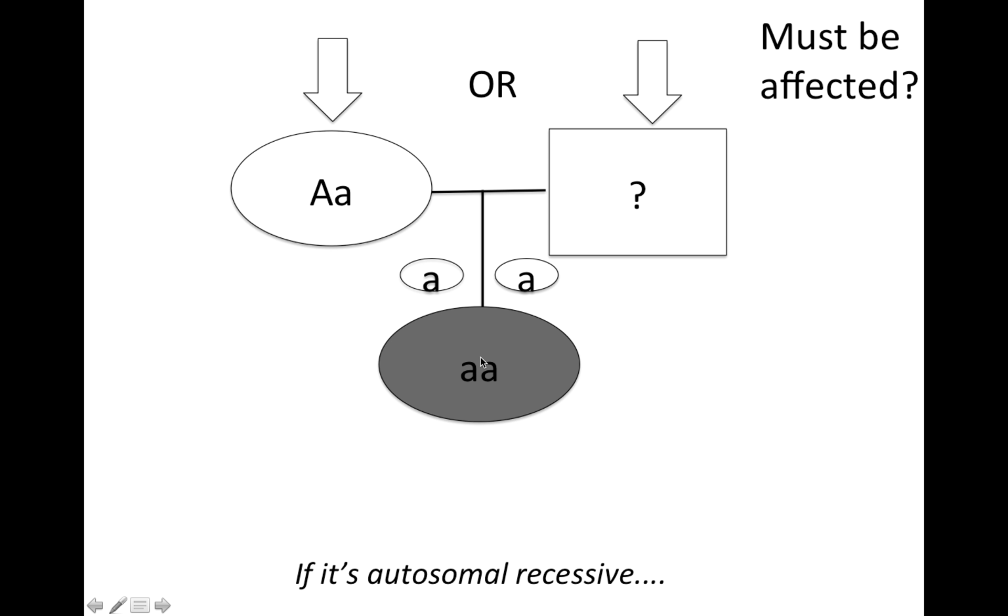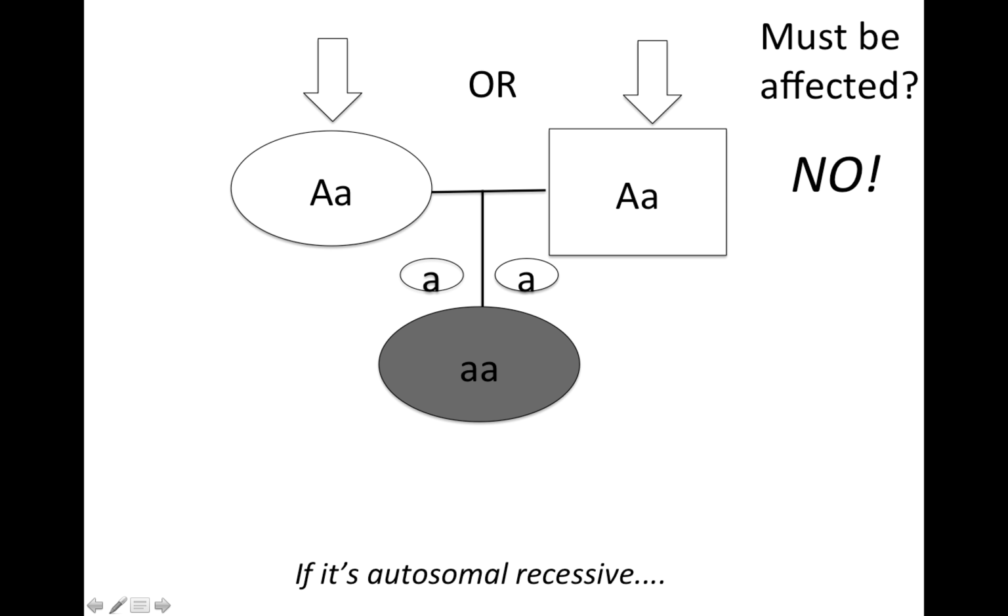We also know that this individual inherited the second little a allele through the sperm. So again, this individual must have a little a, but the individual could be big A, little a. So what we've just proven is that an individual who's affected for a recessive condition need not have an affected parent. They could have two parents who are heterozygotes, who are carriers.